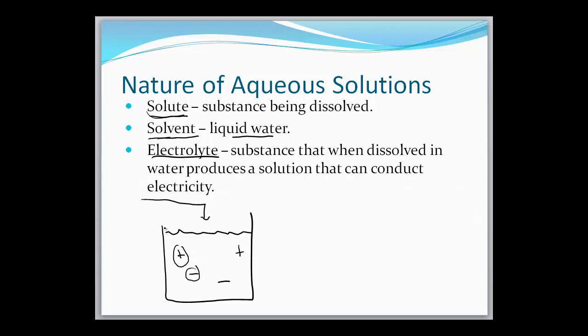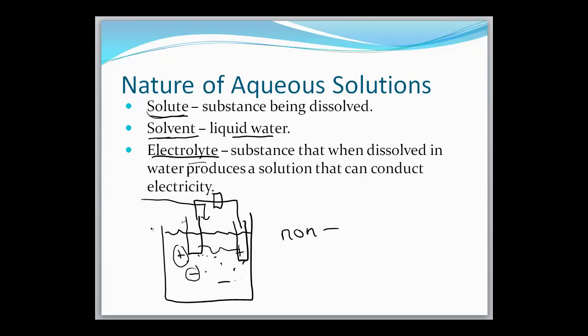An electrolyte is going to conduct an electrical current through the solution. So if we were to have an electrode here and an electrode here connected by some power supply, that current would travel from positive to negative throughout the solution. Non-electrolytes do not conduct electricity through the solution. And again, as we talk about different types of solutions like acids and bases, that term will become very important.